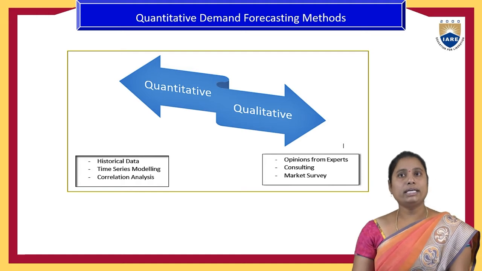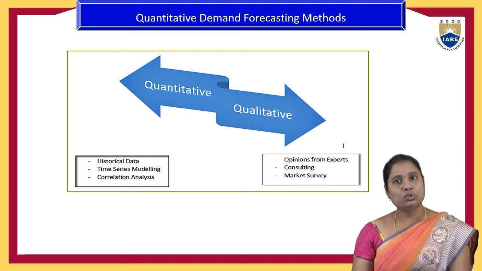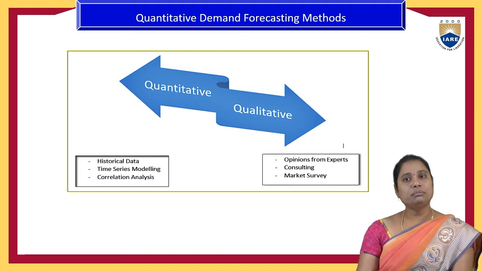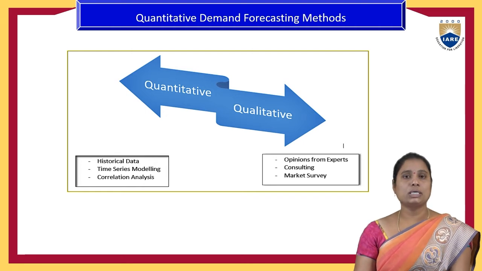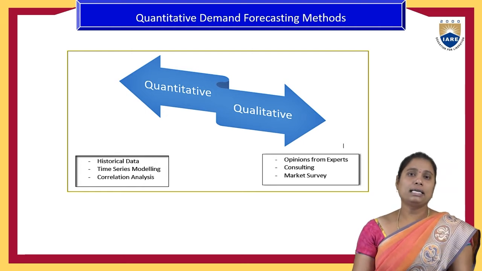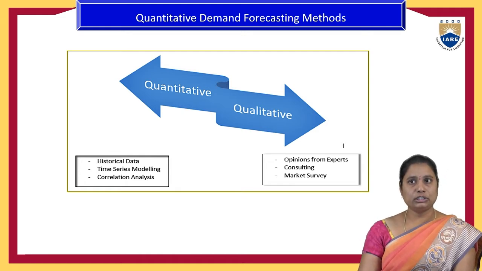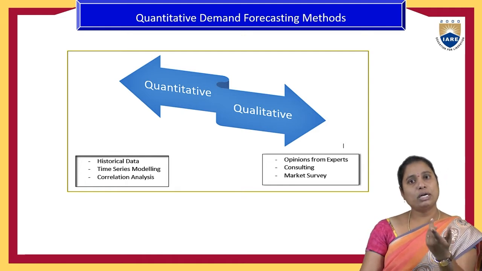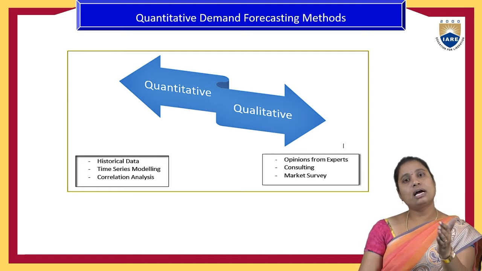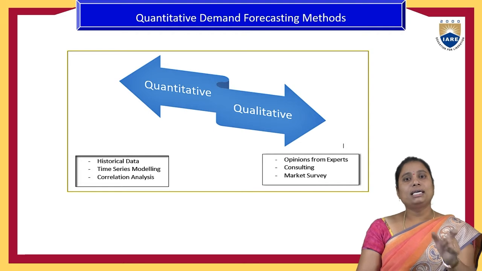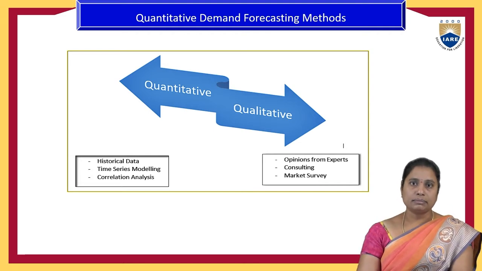So quantitative elements are based on historical data, time series modeling, correlation analysis, ARIMA, like statistical elements, rather than the opinions from one person, a consulting person, or market surveys. Instead of that, they can go for the quantity of data which they have in their hands.